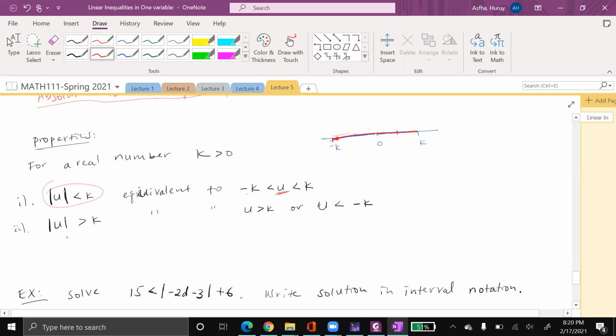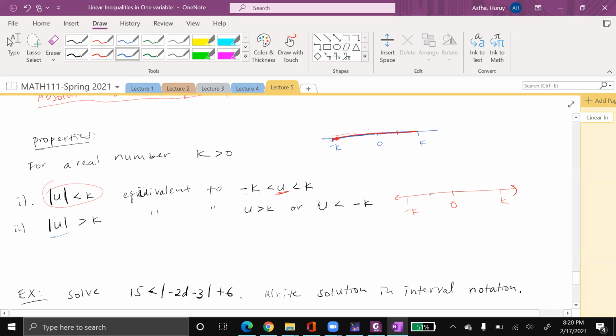How about if I say the absolute value of u is greater than k? Again, let's say we have k here, this is 0, and we have negative k here. So we say absolute value of u is greater than k, and u is a variable. Which numbers satisfy this statement?